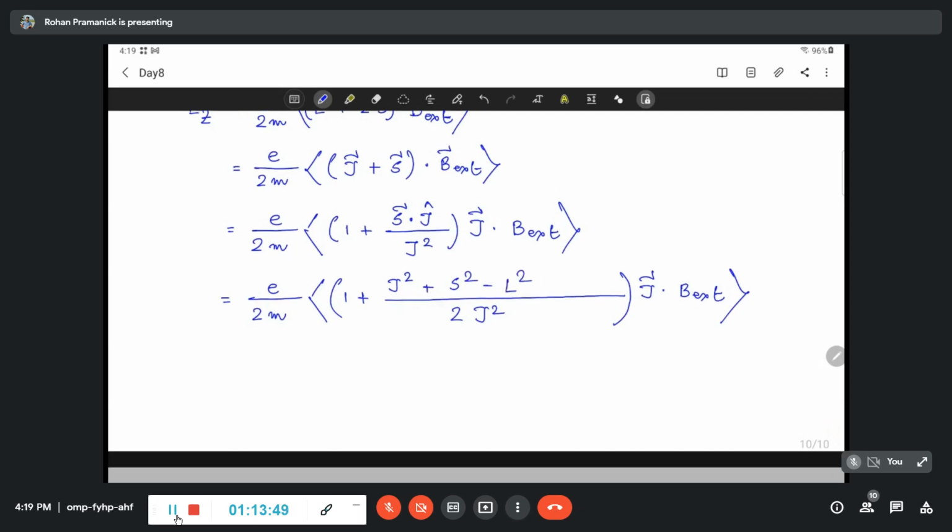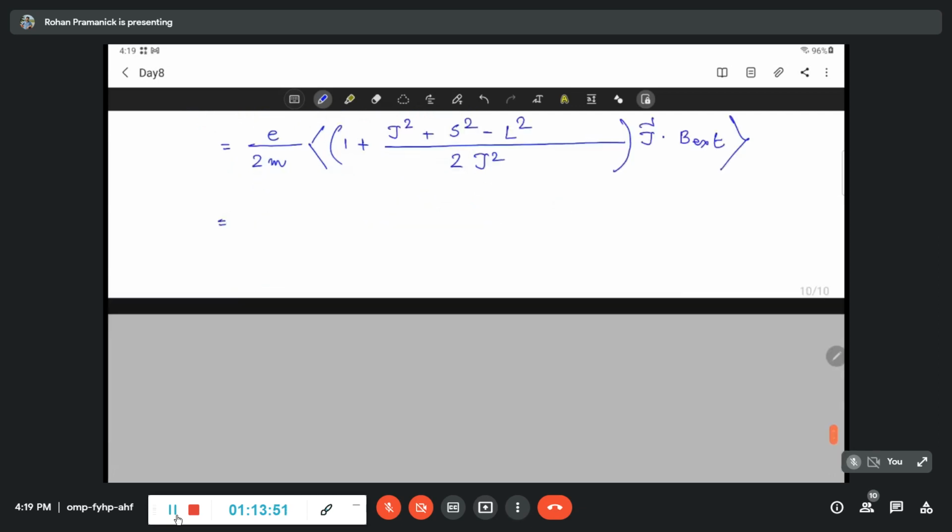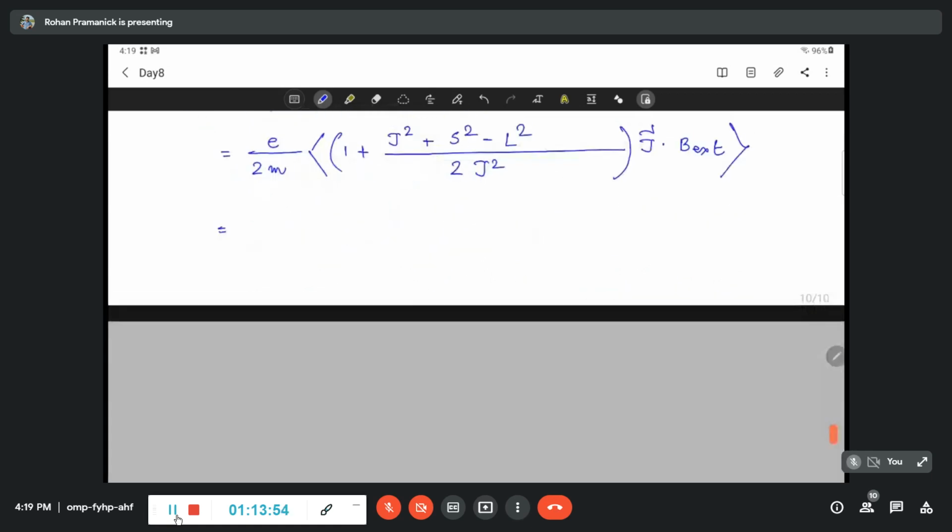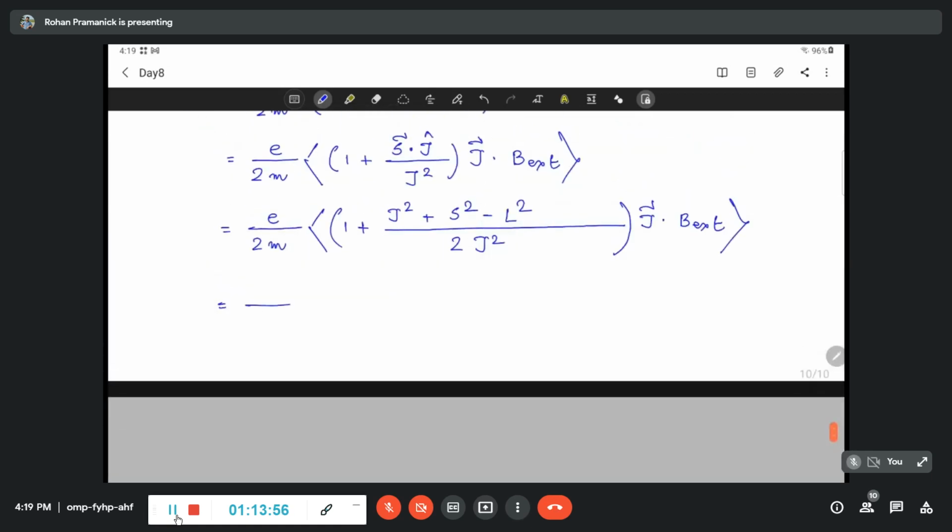Then you know the eigenvalues in terms of the quantum numbers.